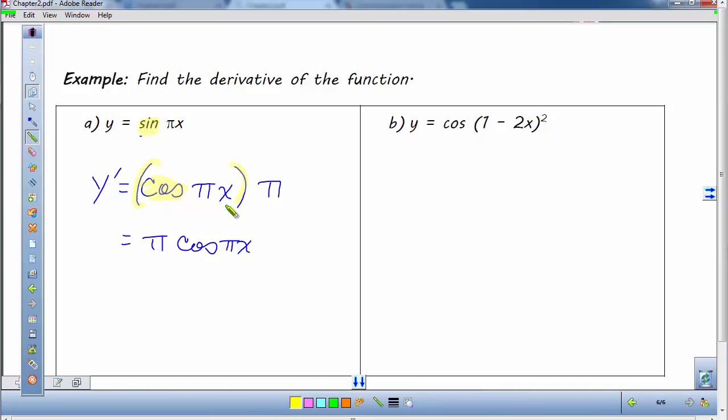And then the derivative of the inside function was this piece. So it's a chain rule instead of power rule. That's right. Why would we not use power rule? We don't have any powers in this one.